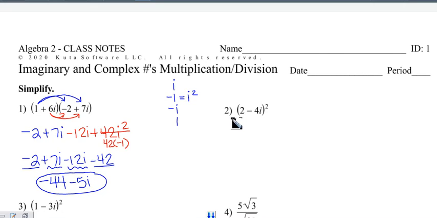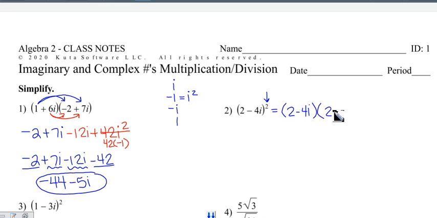Number 2 is also a double distribution problem, or a FOIL problem, but you don't see that second parentheses. Instead, you see this exponent, 2. Anytime you see a parentheses squared, it means that you have that parentheses 2 times.